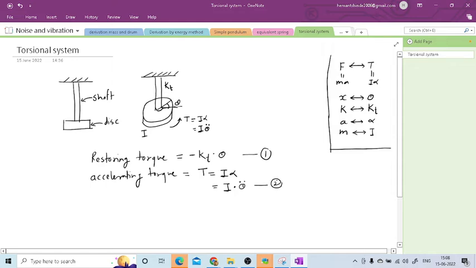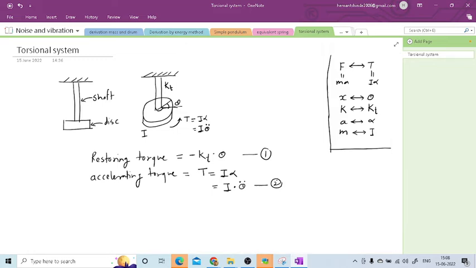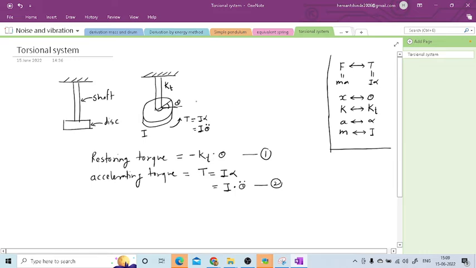By taking the help from Newton's method, we have directly written here the restoring torque and accelerating torque. If you want to write these two equations from this disk, then it is very difficult. So remember, you have to take the help from Newton's method and directly write these two equations.